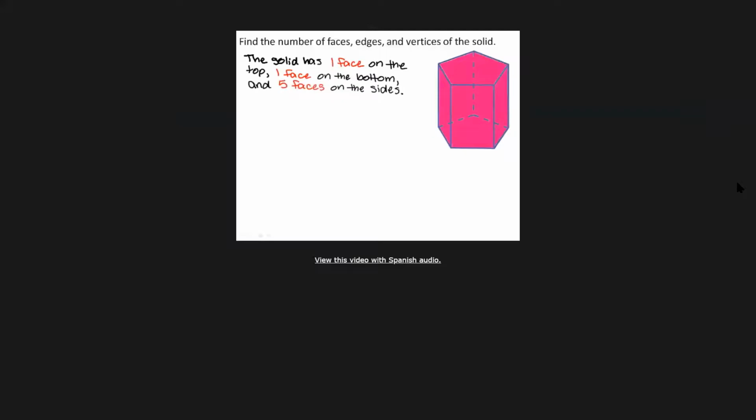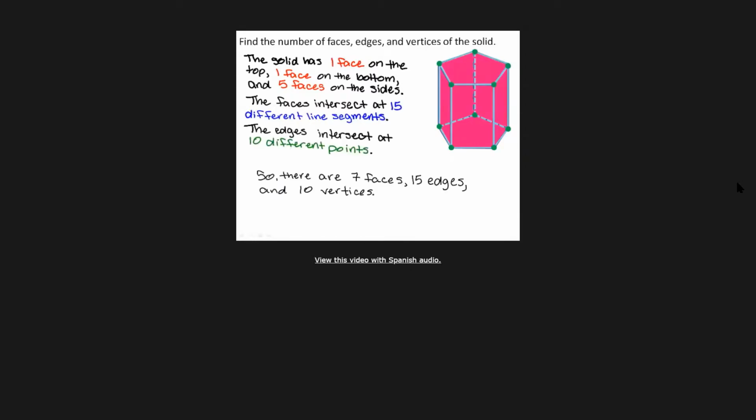The faces intersect at 15 different line segments. And the edges intersect at 10 different points. So there are a total of 7 faces, 15 edges, and 10 vertices.